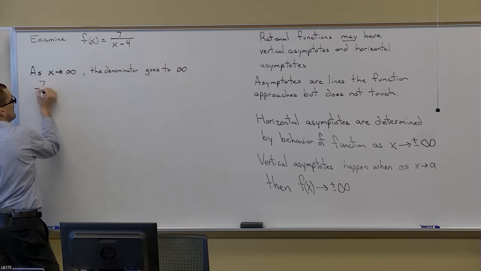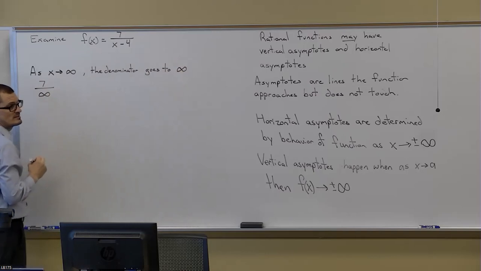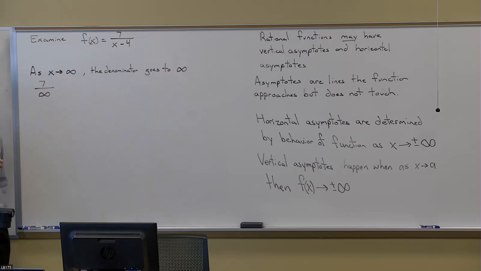What's 7 divided by really, really big numbers? Really small. Very, very small, right? 7 over a million, 7 over a billion, 7 over a trillion. That's a very, very small fraction.